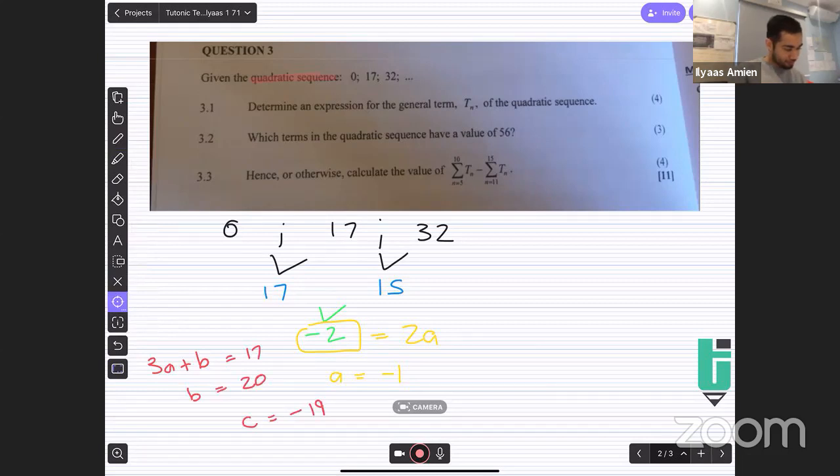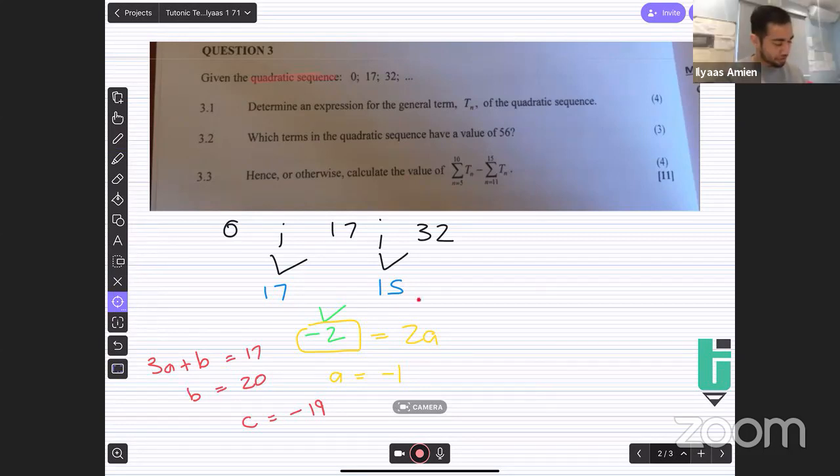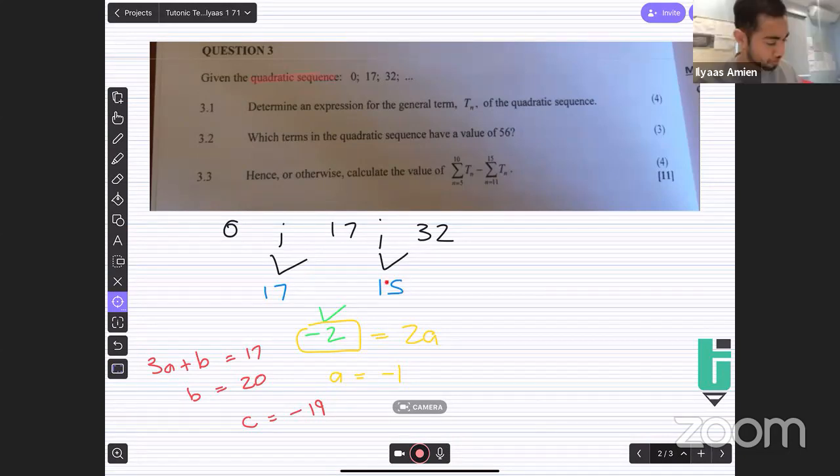How did you know this was 3a plus b? Because that is how the quadratic works. Do you know the expression for this? Let's say they never gave you 17. They only told you this one. Does anybody know what the expression is for the second first difference?